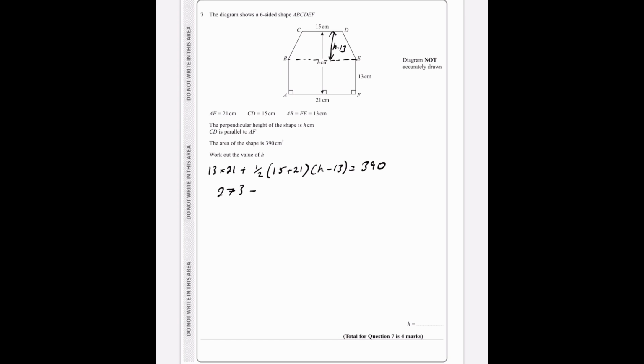Do this and you'll find the area of a trapezium, so a half 15 plus 21 times by h minus 13 is 390. Then I simplify everything like so, bring the numerical bits onto the right hand side, and lastly, divide both sides by 18 to find that h is 19.5 centimeters.